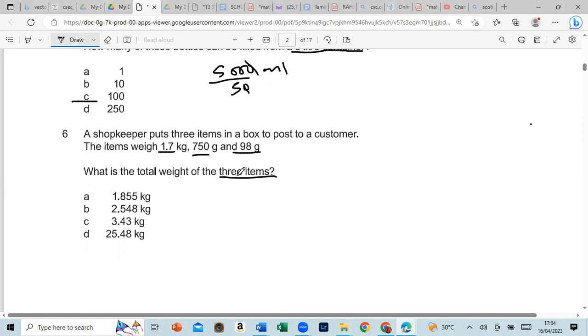B. I add everything. 1.7 kilograms in grams is 1,700, so multiply by 1,000, add the 750 and the 98.